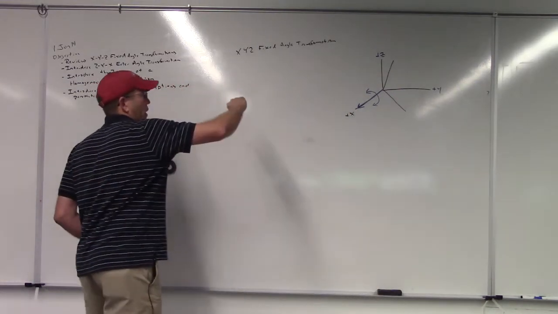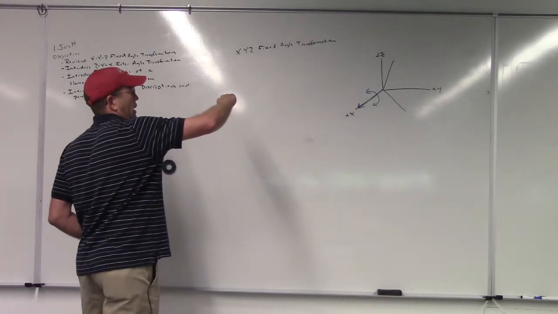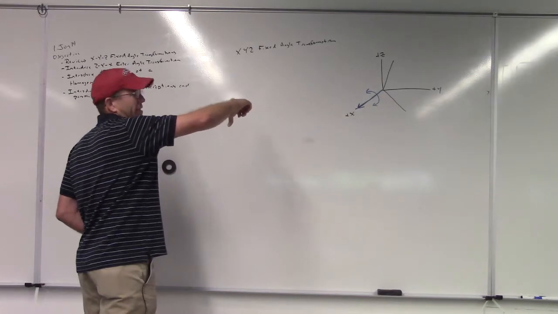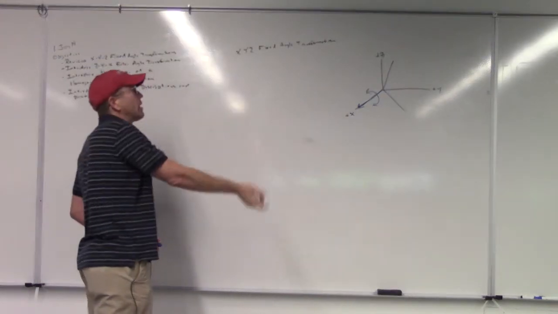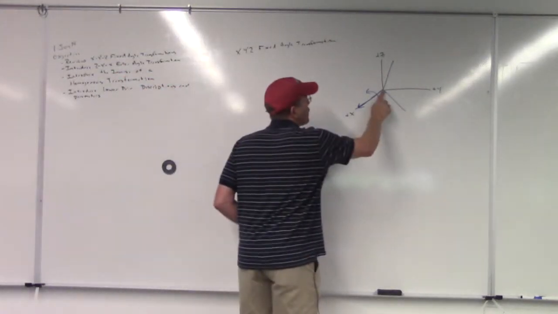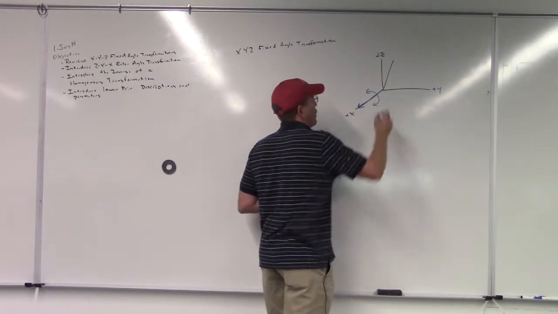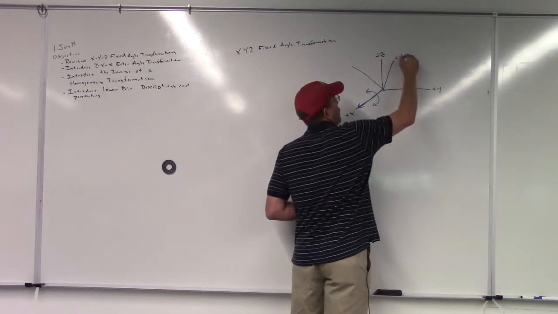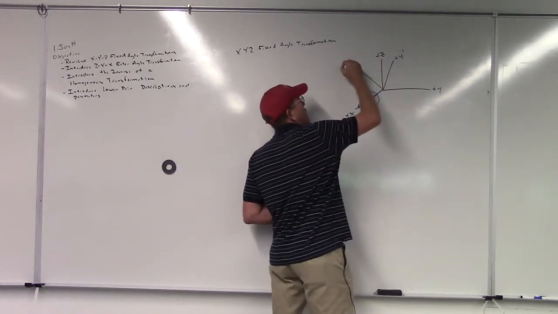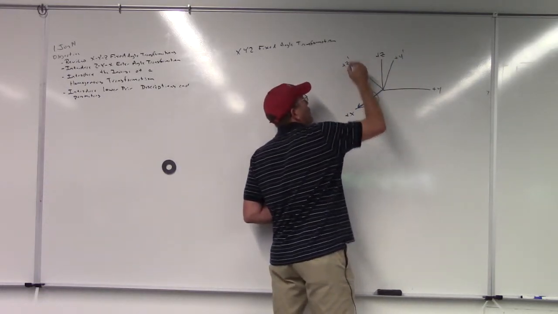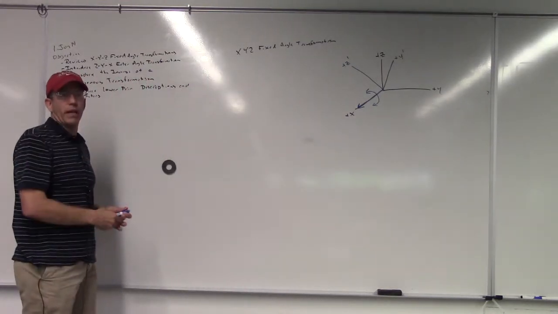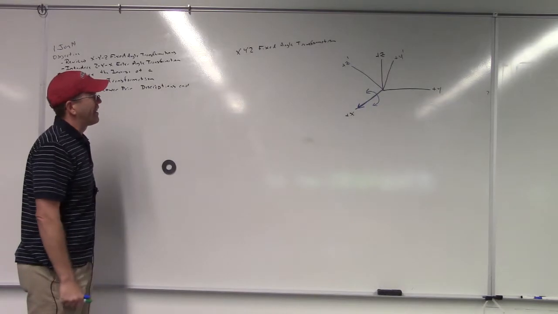Since we're pointing our thumb along the right-hand rule, we would see that that, in fact, would represent a negative rotation. If I had put this vector back here, we could say that this is our new y prime, and this is our new z prime, and that would represent a positive rotation about x.